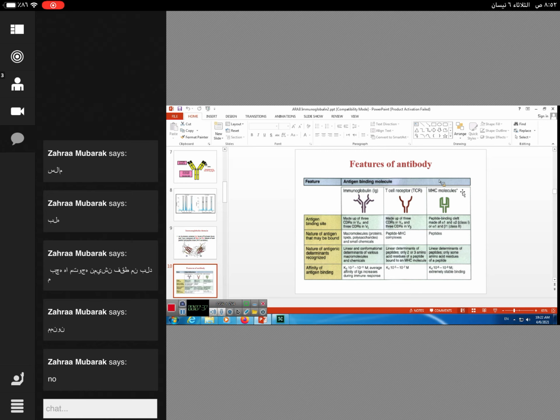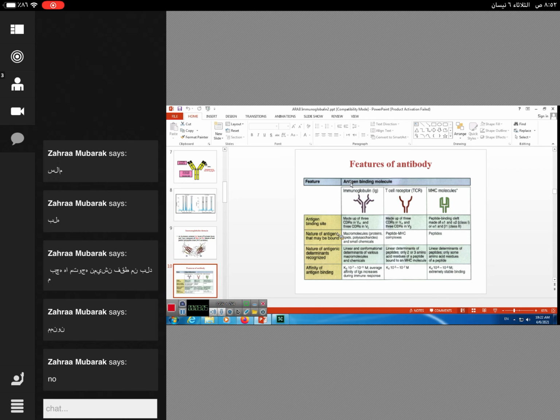In the next class, I will speak in more detail about MHC molecules. These molecules are different in the nature of antigen that may be bound, nature of antigenic determinant recognized, and affinity maturation.